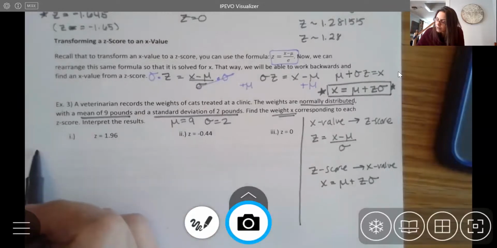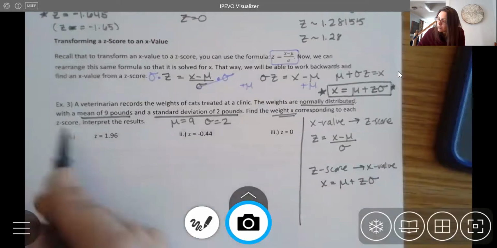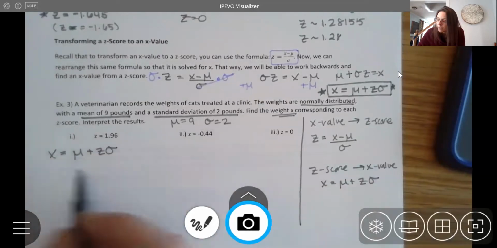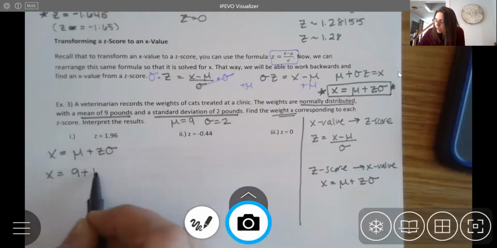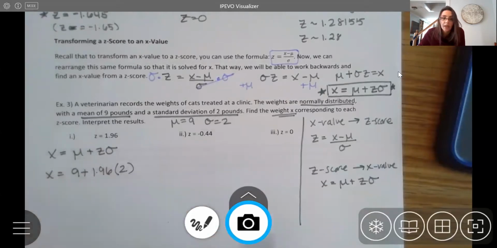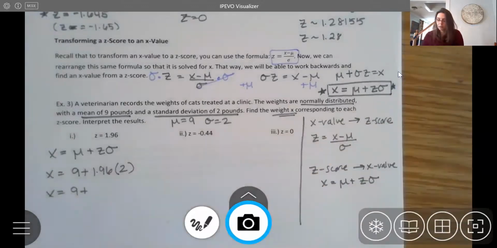So here I have my first z-score. And again, because I want to go to the x values, I'm going to use this formula. And what I'm going to do is I plug in the mean, which is 9 in this case. I have the z-score, which is 1.96, and I have my standard deviation of 2. And then I'm just going to take out my calculator here. So let me do it kind of for you on the screen.